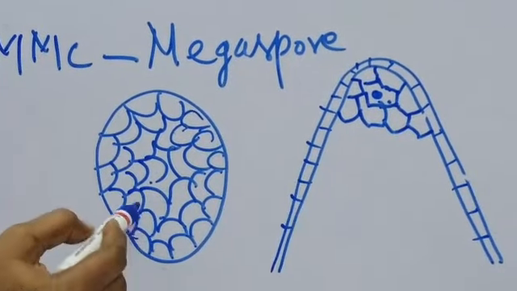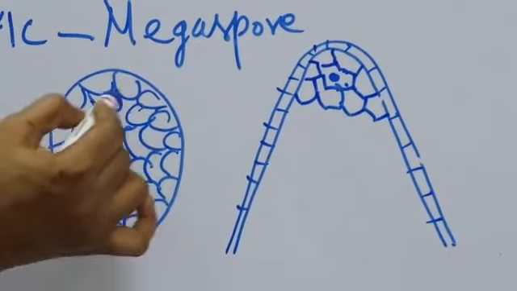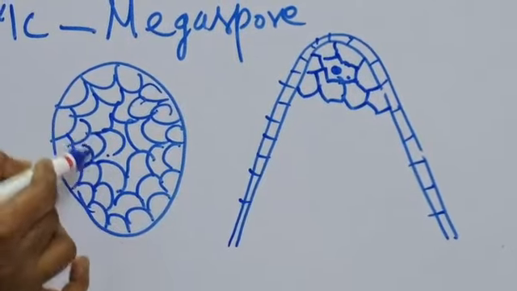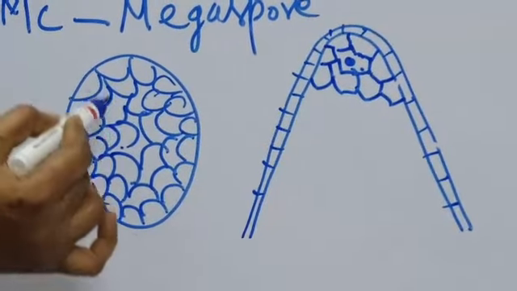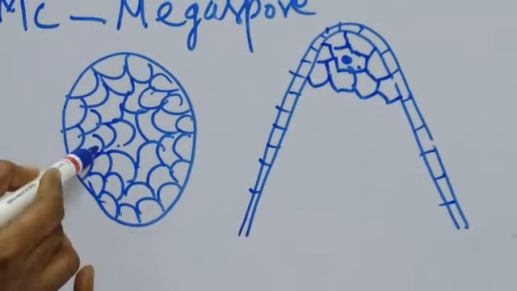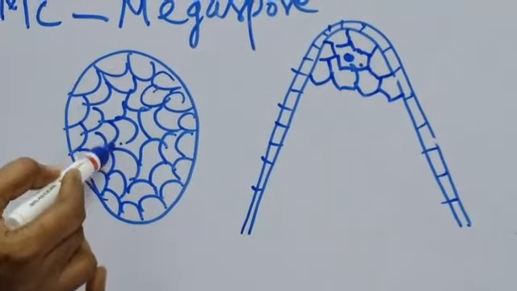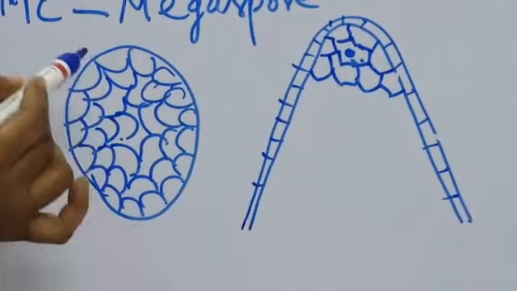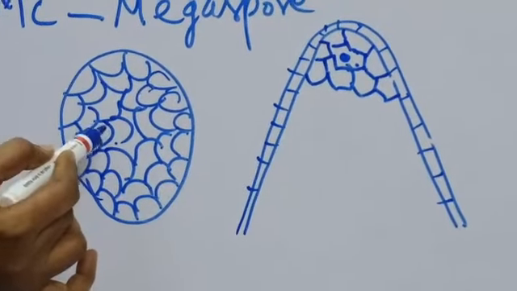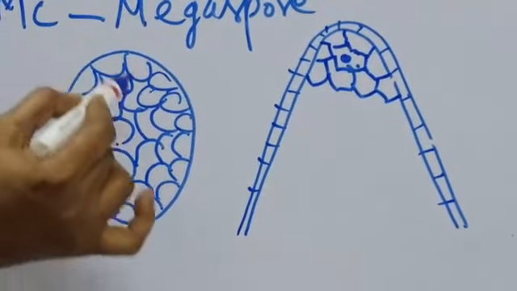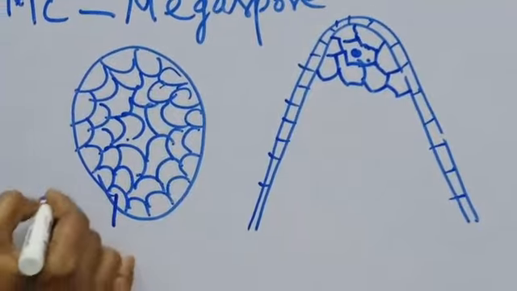At this stage, all the cells of the nucellus are undifferentiated, homogeneous and meristematic. But finally it becomes parenchymatous.